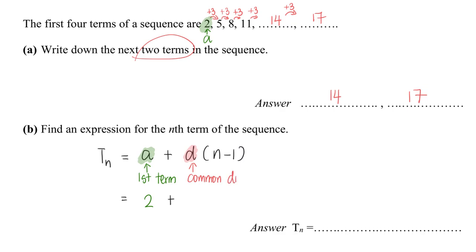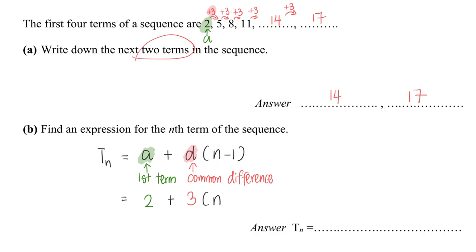That's the word we use. So in this case, it simply means what number are we actually adding or subtracting for consecutive terms. Well, we always add 3 to the previous term. So this is actually my common difference.